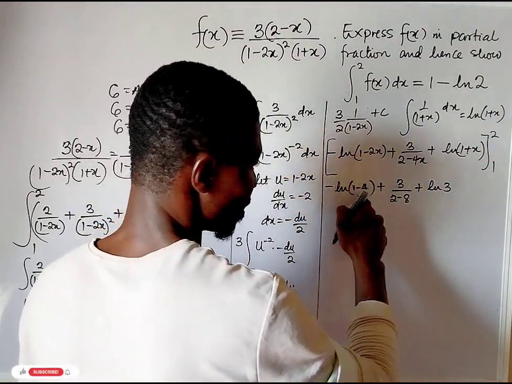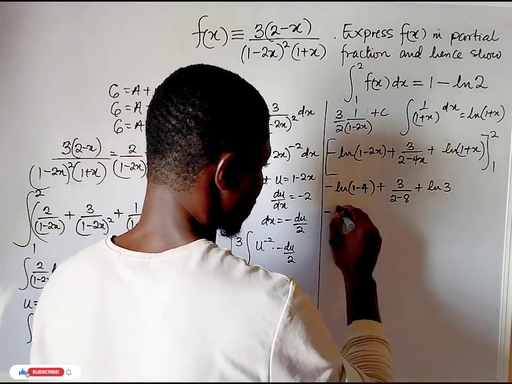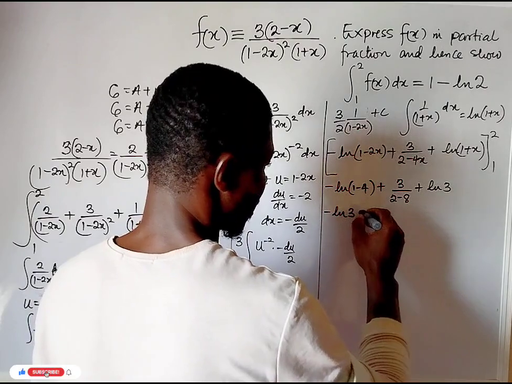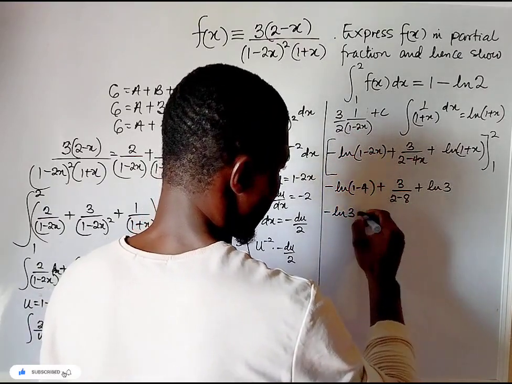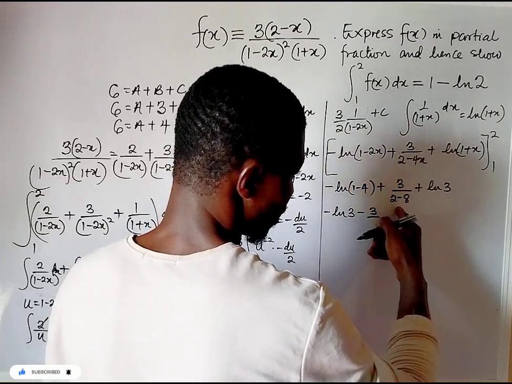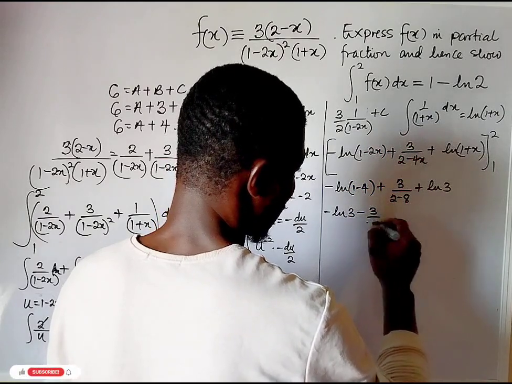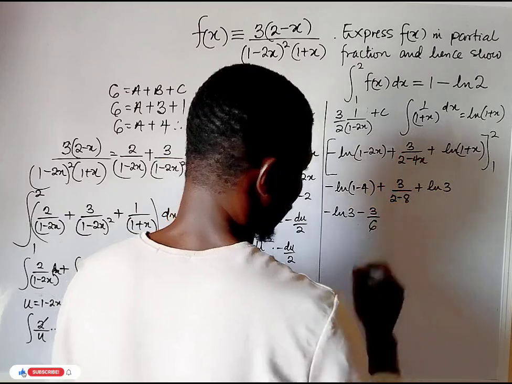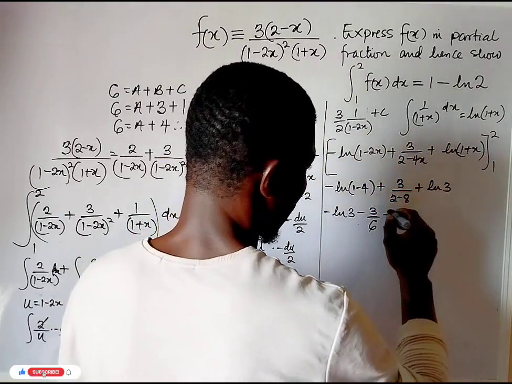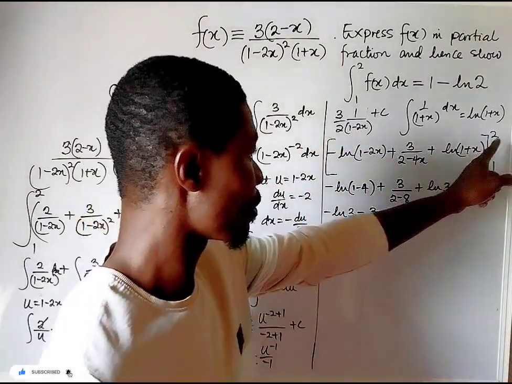Here we actually take the absolute value of minus 3. So you have minus ln 3, then minus 3 all over minus 6. That will be 6 rather. Now plus ln 3. Now this is for 2.